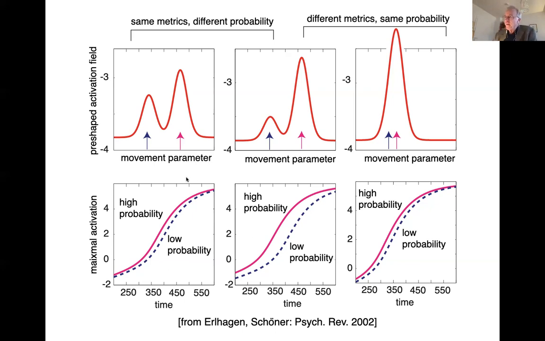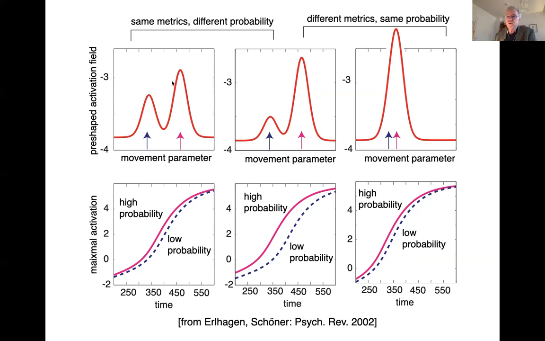So this is from the model. We would have two manipulations. One would be to vary the metrics of the two choices. Here the two choices are far apart, here they are narrow. And the other is to vary the probability of the choices. In the model, this is reflected by how much more activation this pre-shape has than this one here.